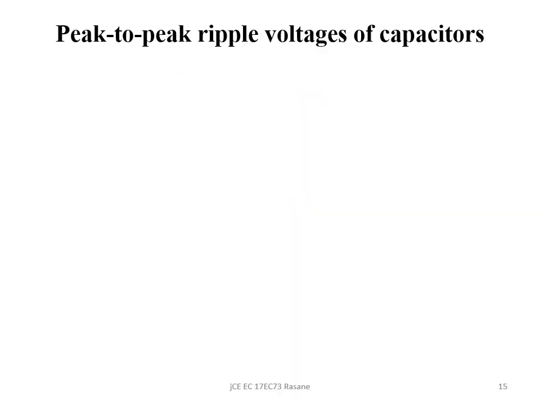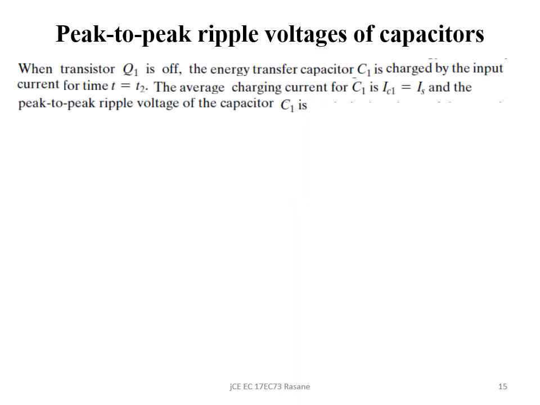Coming to peak ripple voltages of the capacitor, when the transistor Q1 is off, the energy transfer capacitor C1 is charged by the input current for the time period T equal to T2. The average charging current of C1 is IC1, which is equal to IS, and the peak-to-peak ripple voltage of the capacitor C1 is given by delta Vc1.